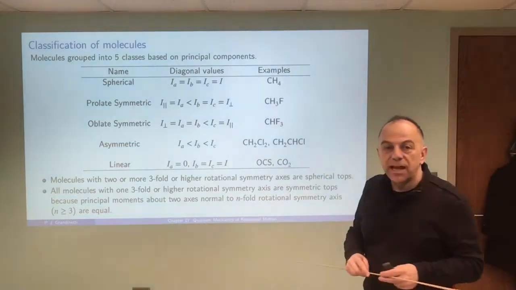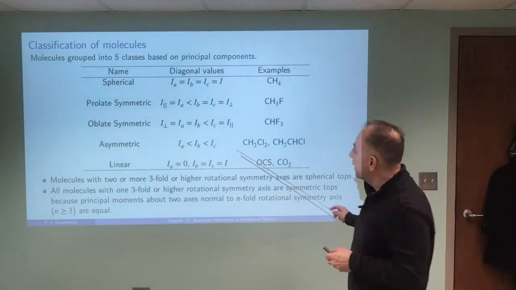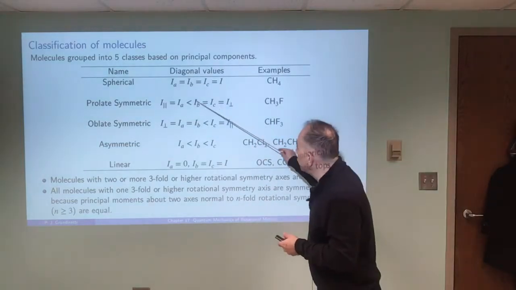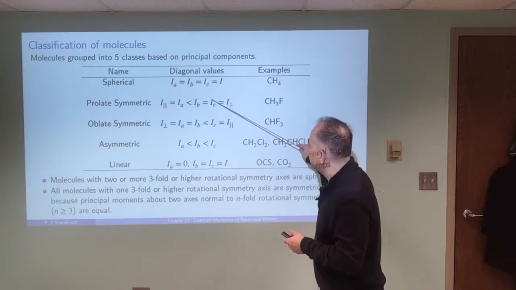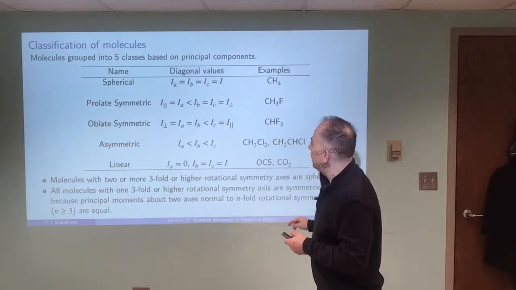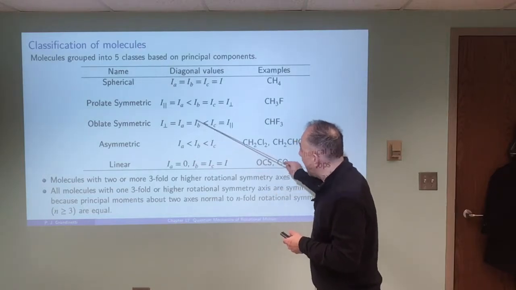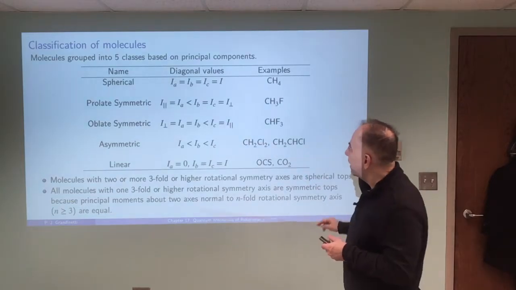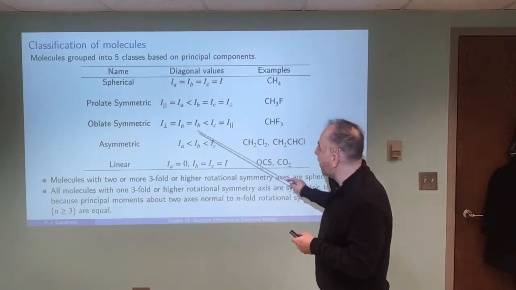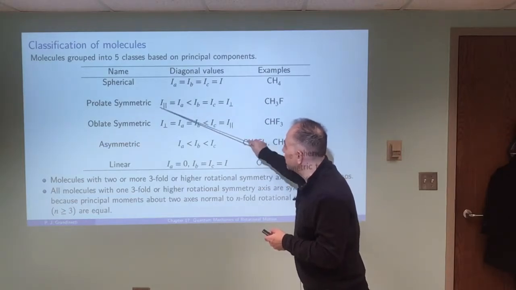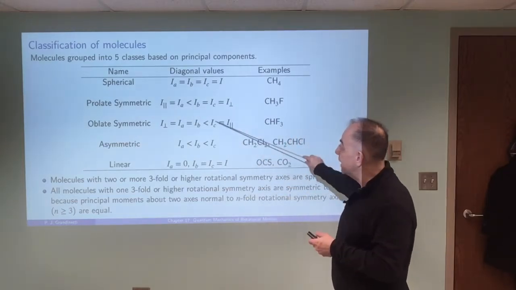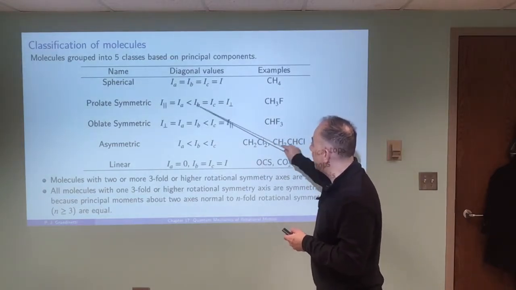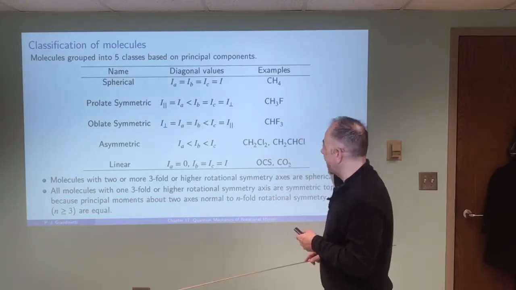The symmetric molecules have only 2 components equal to each other, and those are separated into the prolate and oblate depending upon whether the 2 components, in this case B and C, are greater than the other component, A, or the oblate case where A and B, which are equal to each other, are smaller than the other component, C. And in these cases, we're going to assign the parallel component to the unique one, which is A in the prolate case and C in the oblate case, and the perpendicular component we'd assign to the 2 that are equal to each other. So B and C in prolate and A and B in oblate.